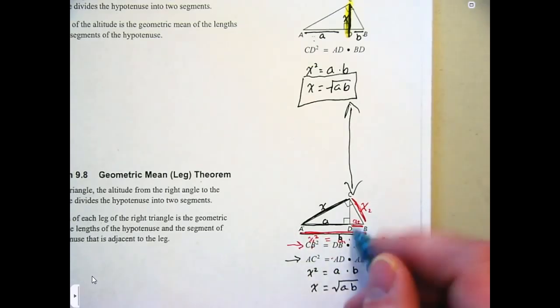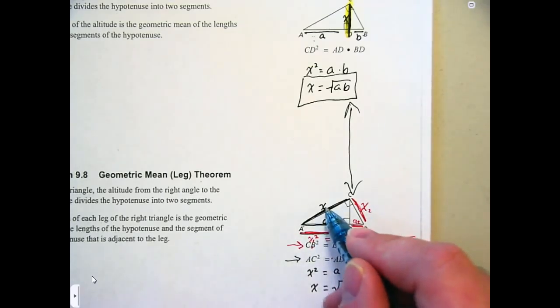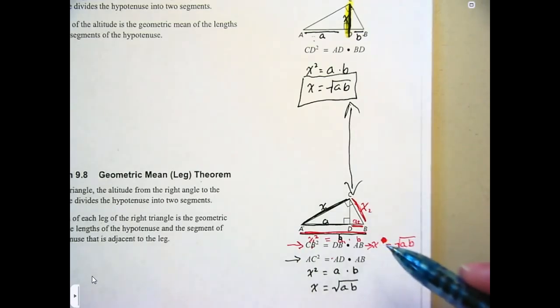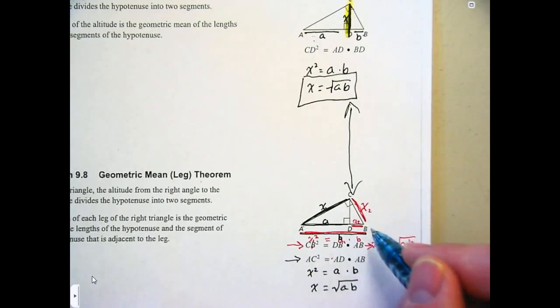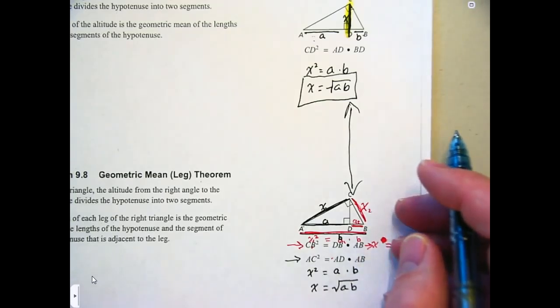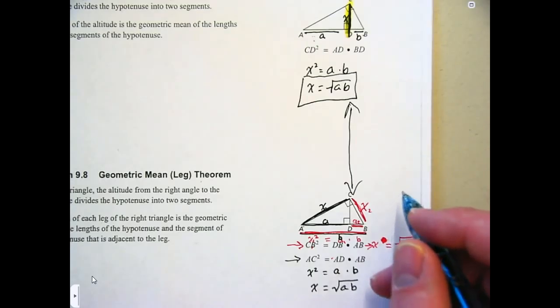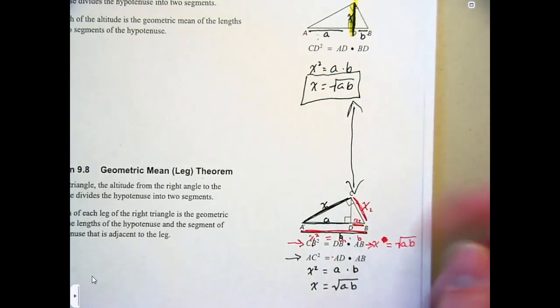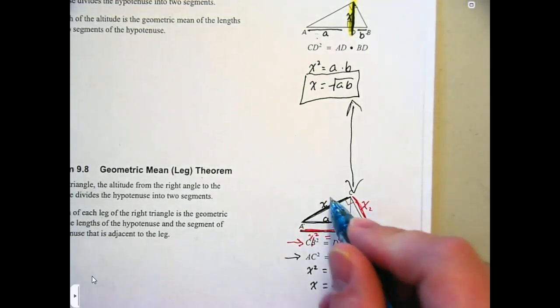How does that help if you're differentiating it between this one? You could say the hypotenuse is equal to the base length times the full length of the hypotenuse of the big triangle.